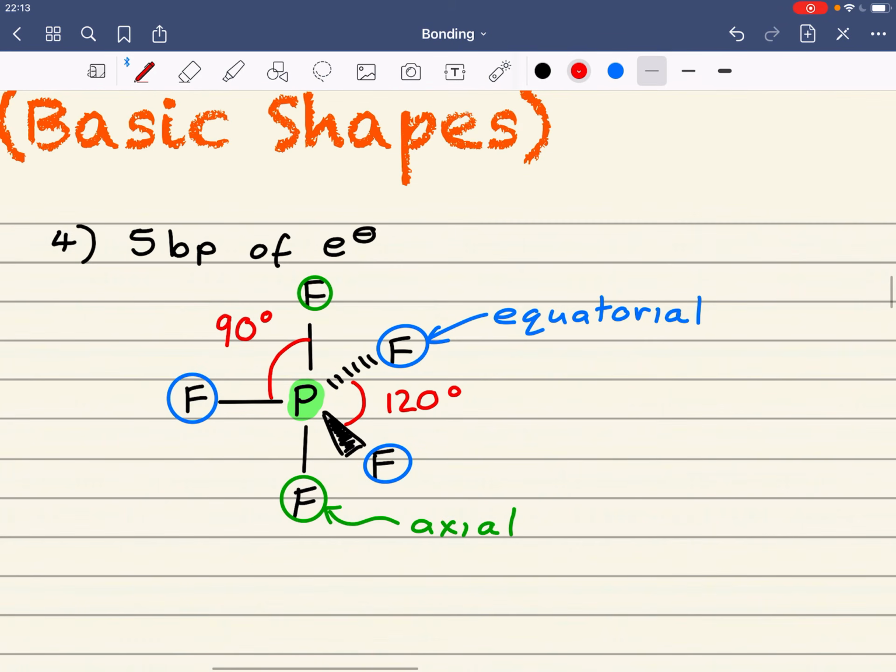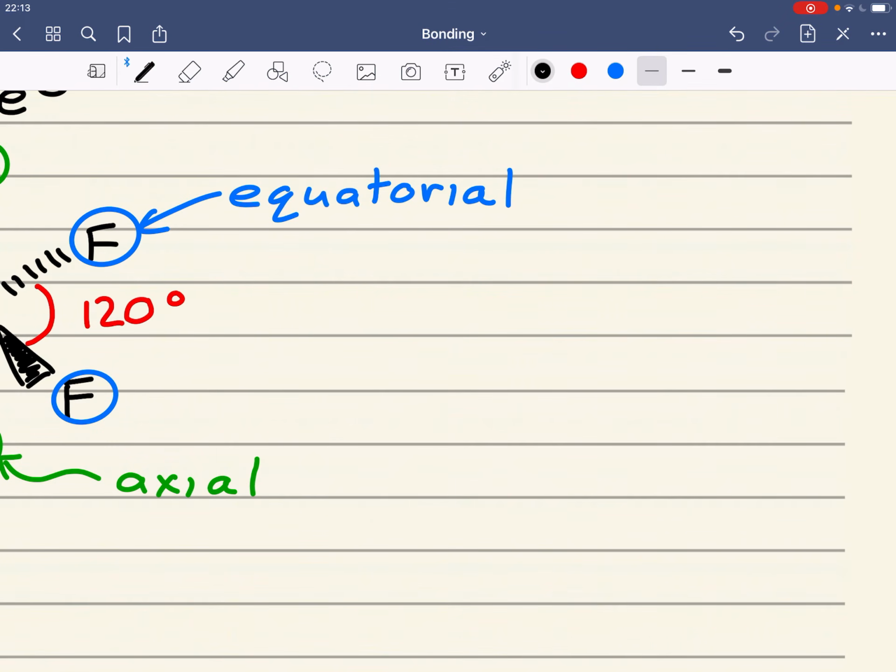So actually we've got a molecule, when we've got 5 bonding pairs of electrons around a central atom, we've actually got 2 bond angles, one of 120 and one at 90 degrees. And the name of this shape is called trigonal bipyramidal.